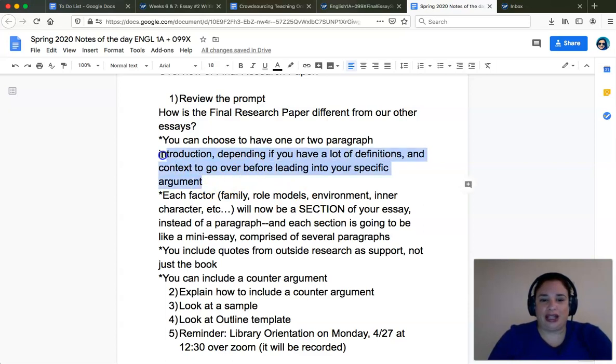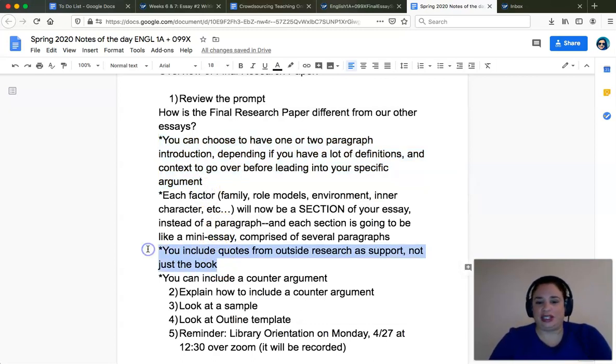Going along with that, you can now choose to do 1 or 2 paragraphs for your introduction. So it depends, again, if you have a lot of definitions, if you want to go into more depth about the context of your overall argument before leading to your thesis, you now have some sort of academic freedom, some leeway to expand your introduction. You don't have to, but you can.